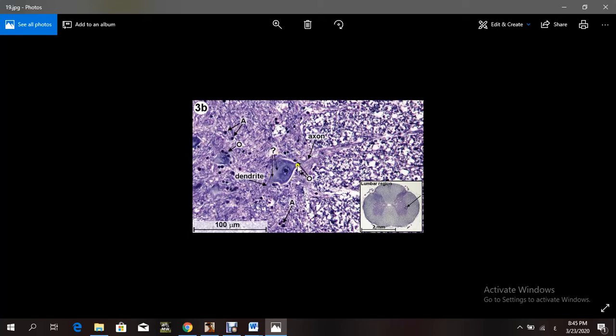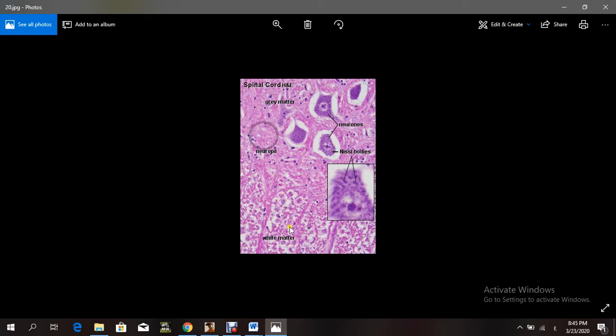Within the gray matter we can see the neuronal cell bodies, whereas the white matter has neuropils, processes, and the supporting cells. Those small cells are supporting cells, and the neuropils are the processes of the neurons. In the white matter there are no neuronal cell bodies. Only the gray matter has them.